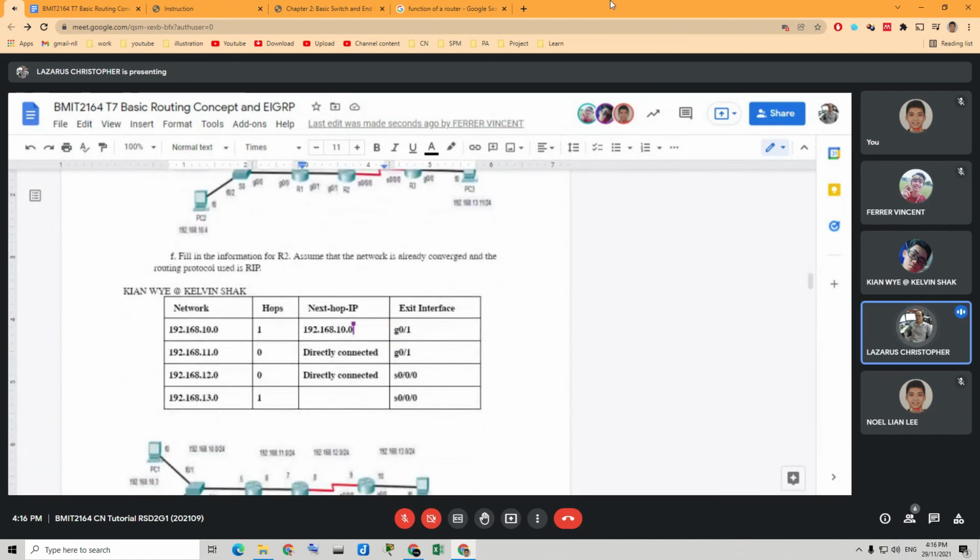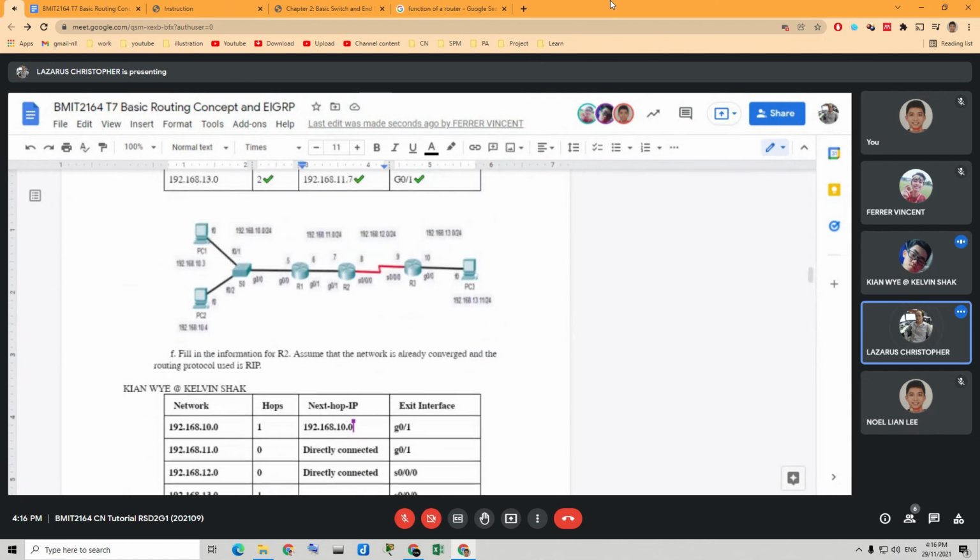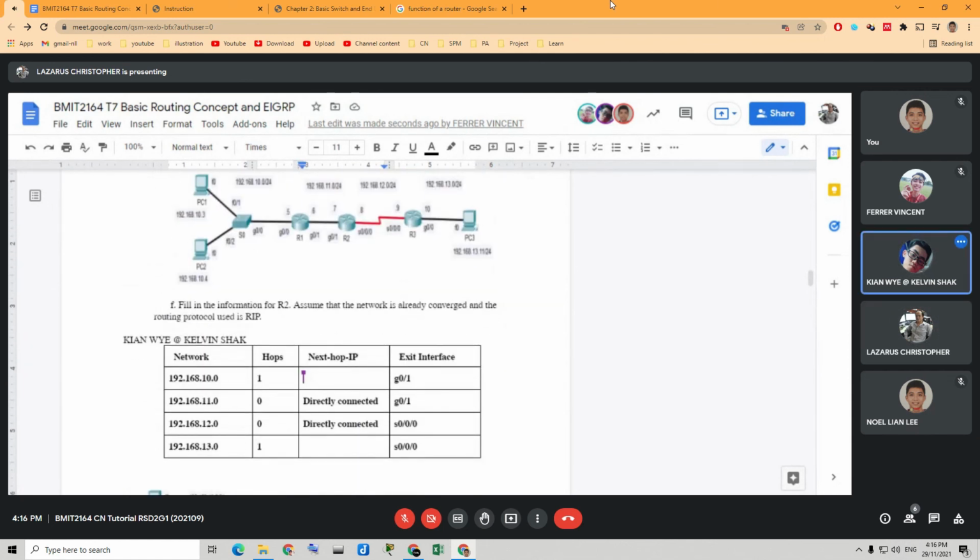So let's see here, Kelvin. I don't know the next hop IP. So at R2 to 10, the next hop IP is this one. 192.168.11 dot this one. What? Yeah, .6.